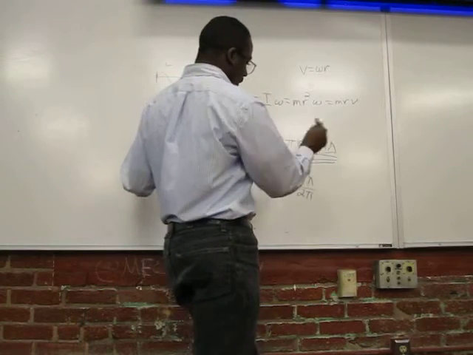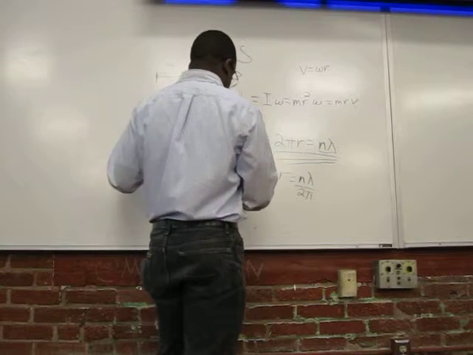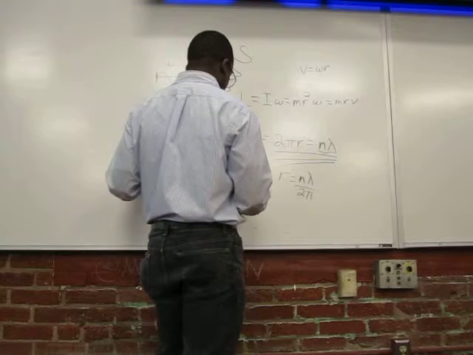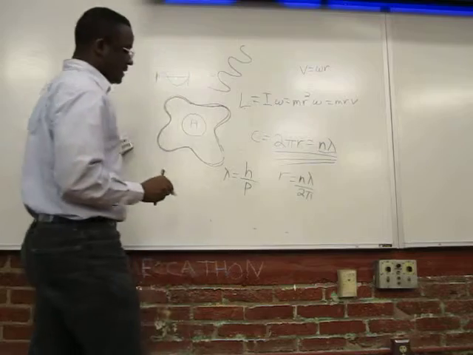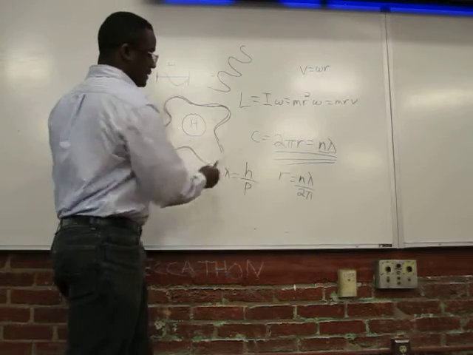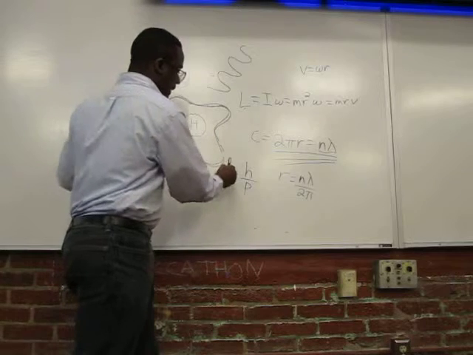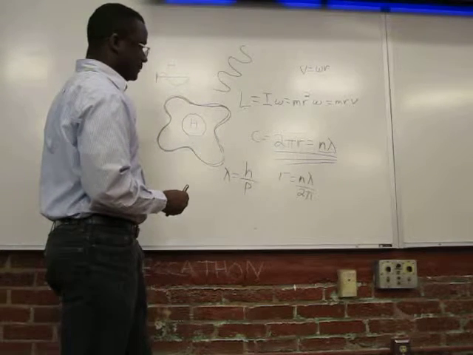Okay, de Broglie also stated that when particles act like waves, their momentum is related to their wavelength according to this equation, where h is Planck's constant, p is the momentum, and lambda is the de Broglie wavelength.